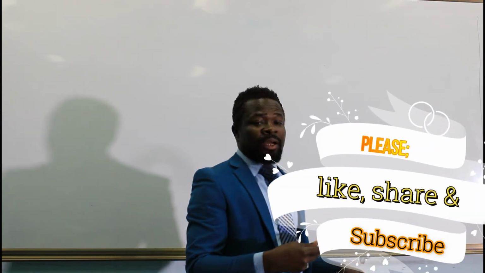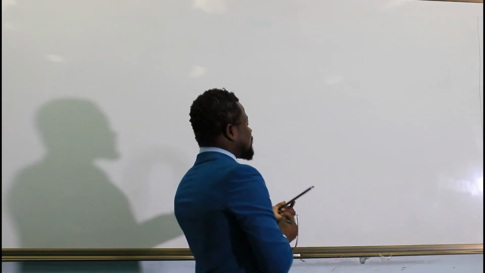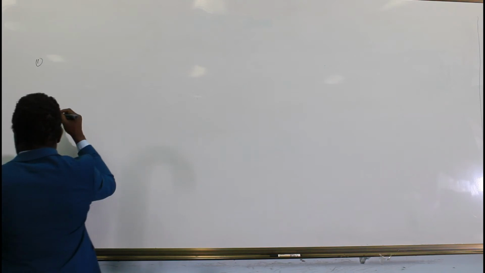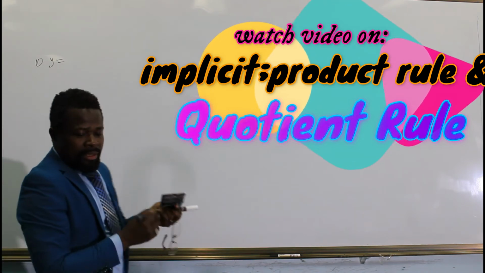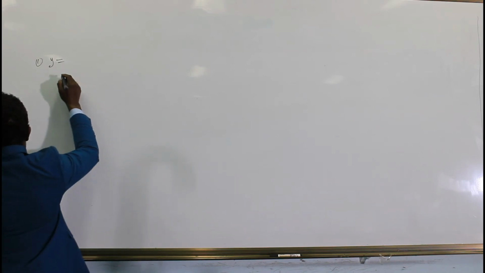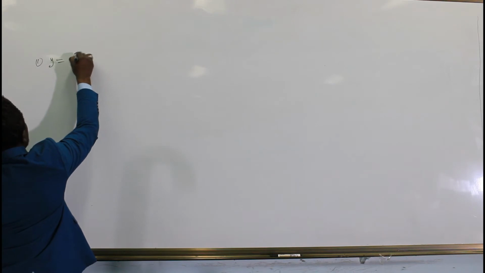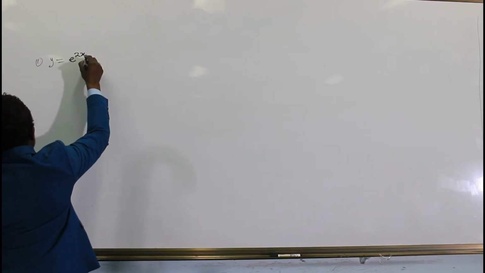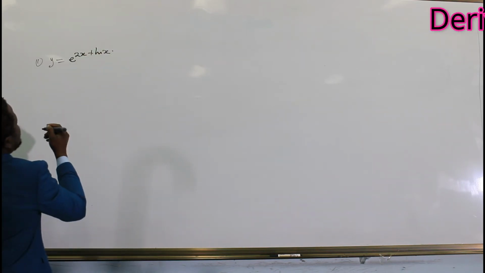Number one is y is equal to e exponent 2x plus ln x. That is the first question that we are given.